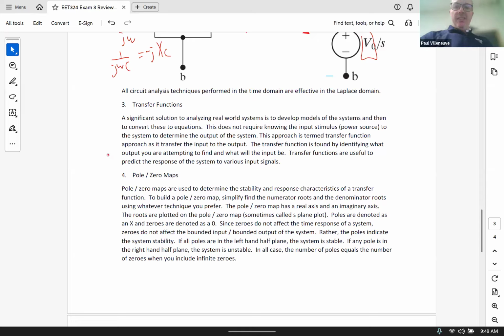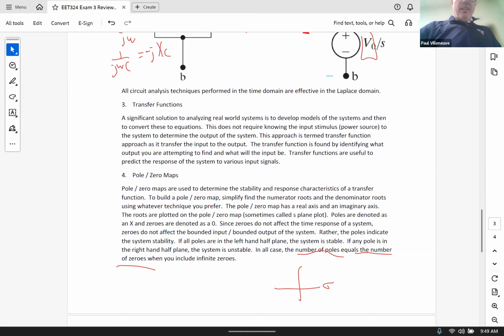So what this says is the number of poles always equals the number of zeros when you allow S to approach infinity. And that won't make a ton of sense this semester. It'll be a lot more useful next semester when we start looking at things called root locus, when we have to terminate what we call root loci. We need to terminate them at zeros, and so we'll start to see where that makes a lot more sense to us.